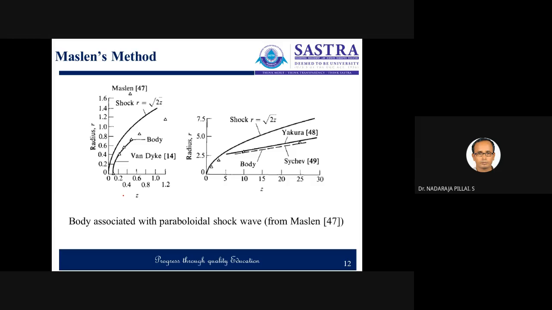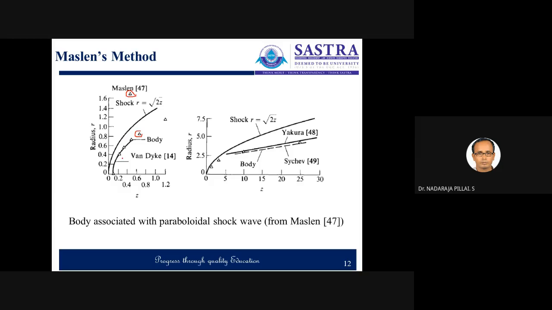So here these triangles are Maslen's calculation, which is compared with the more exact methods.